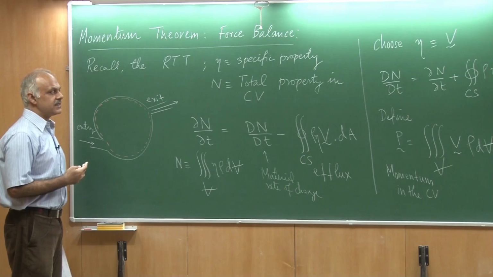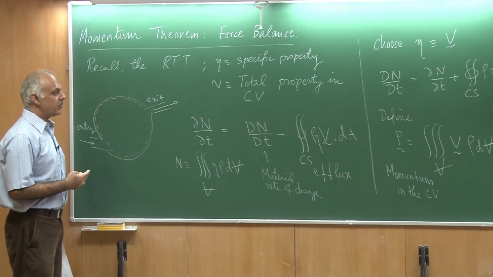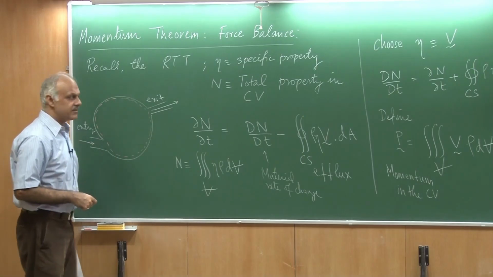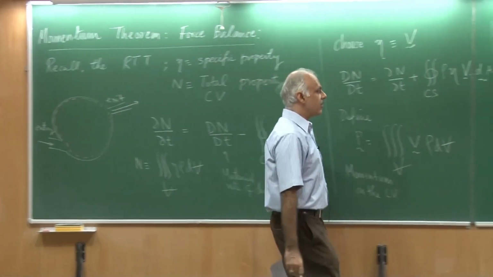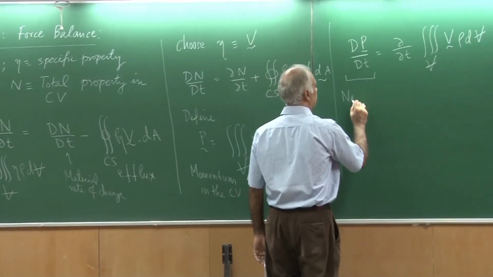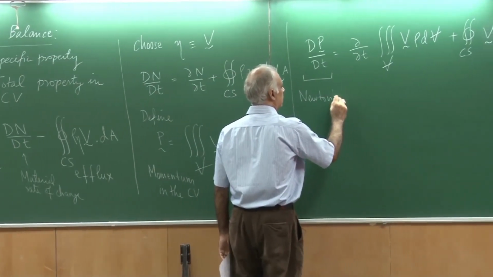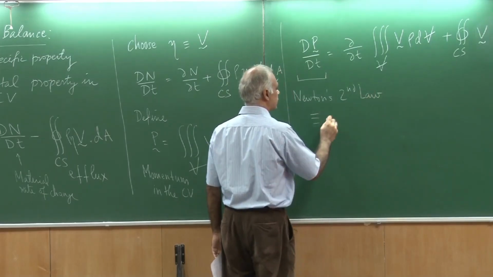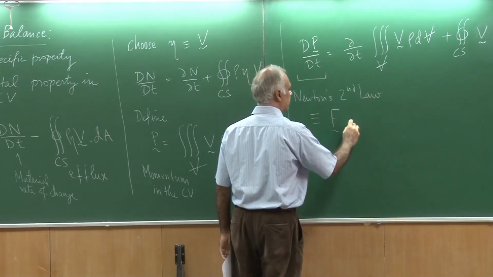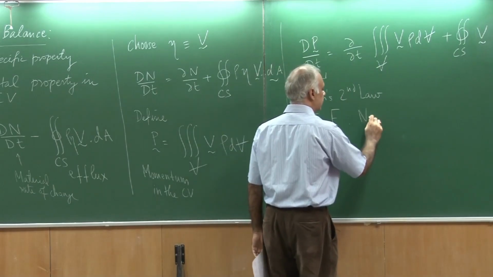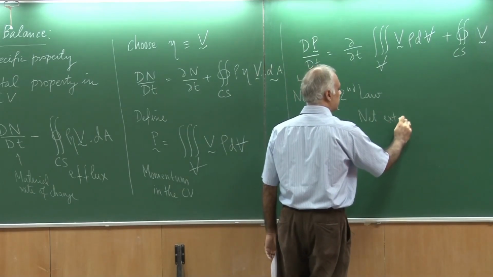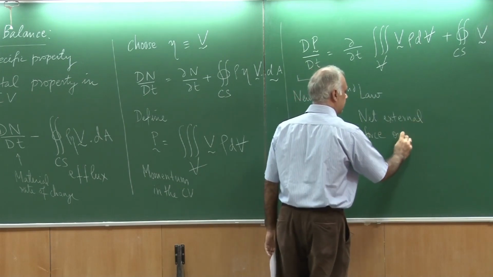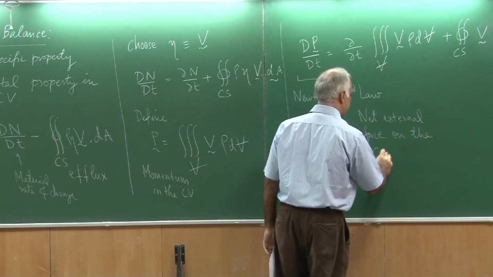So this is the rate of change of momentum of the control mass that we are looking at a certain time t, and that by Newton's second law corresponds to the force F. So this is the net external force on the control volume.